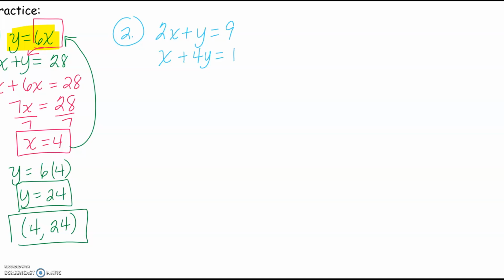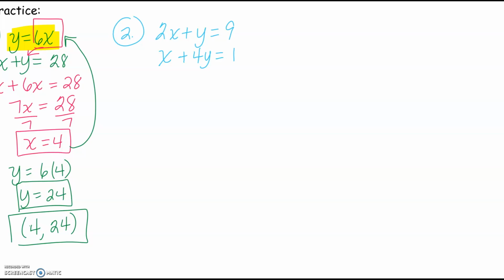And the next thing you want to look at is the coefficients in front of your x and y. If you notice in 2x plus y equals 9, y has a coefficient of 1. So we could definitely solve the top equation in terms of y. If I look at the second equation, x plus 4y equals 1, I notice the coefficient in front of the x is 1. So I have the option of solving that equation in terms of x.